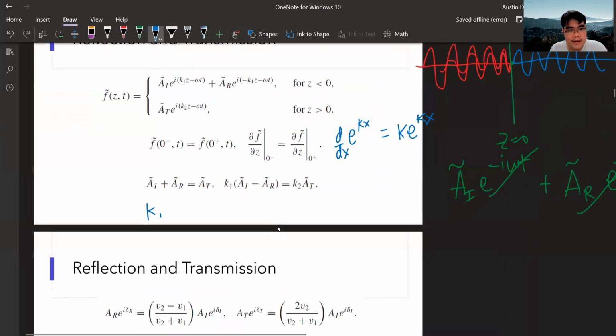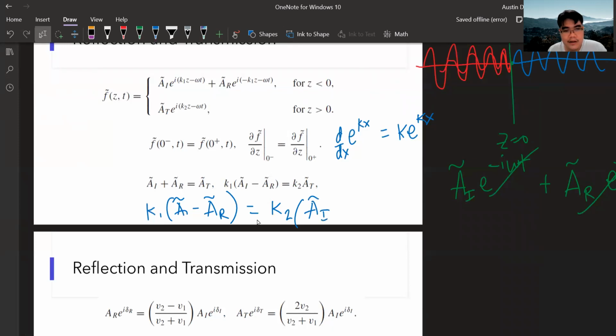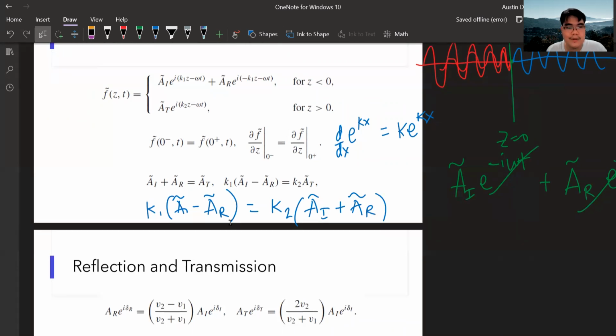So, K1 AI minus AR, K1 pala yun, sorry, must be equal to, di ba K2 AT? Pero yung AT mo, ito lang yan. Solve mo agad si AI plus AR. Okay? Dali, di ba?